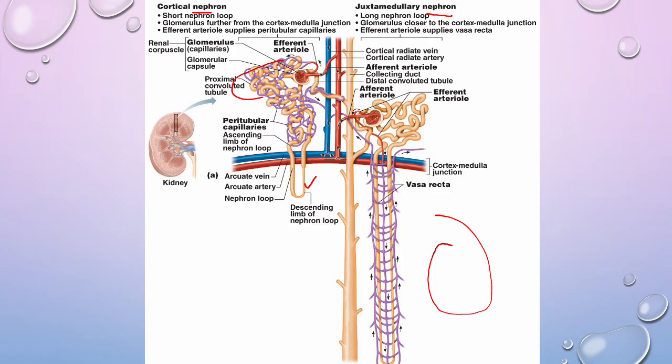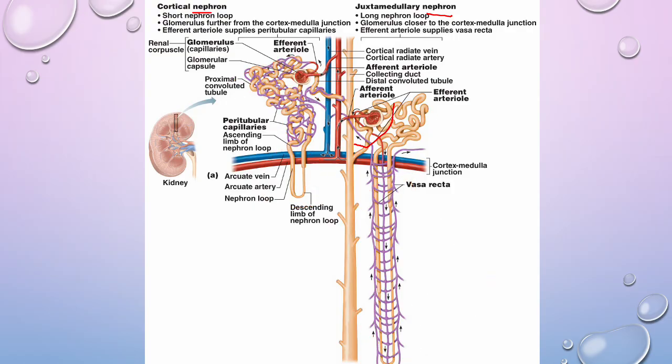They both have proximal convoluted tubules, okay? They both have distal convoluted tubules, and they all have loops of Henle. As you guys can see, the one on the right has a longer nephron loop or loop of Henle, okay? That's okay, but they both have the same similar functional structures, okay?